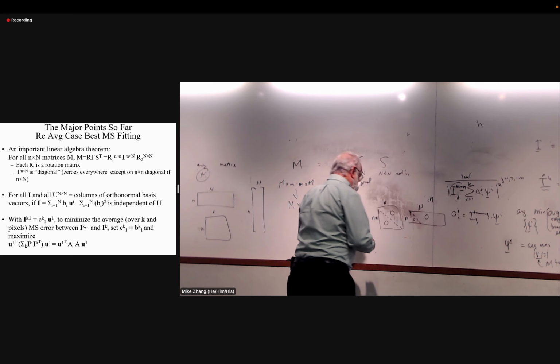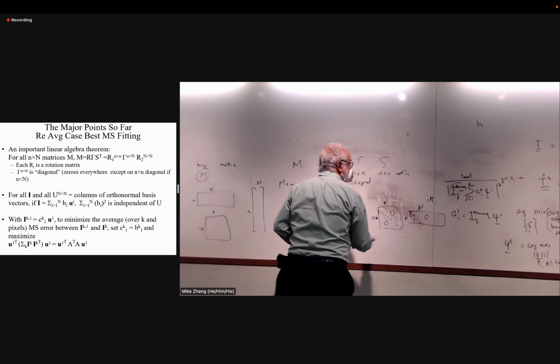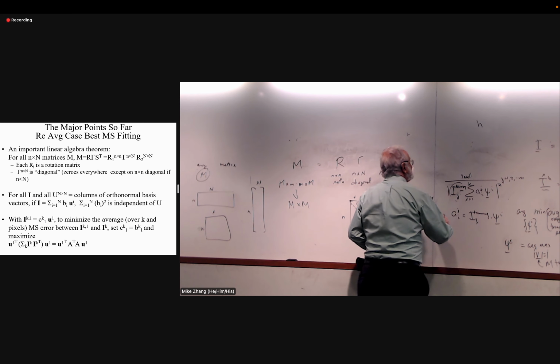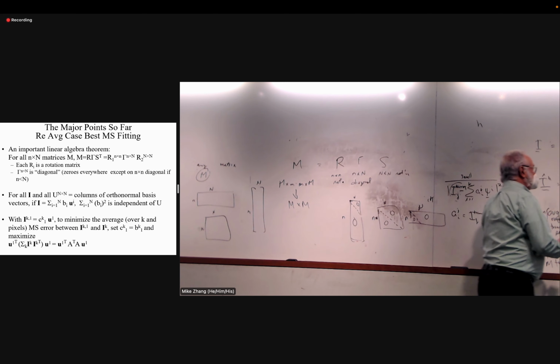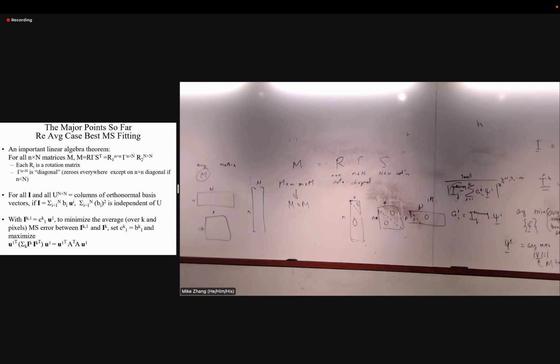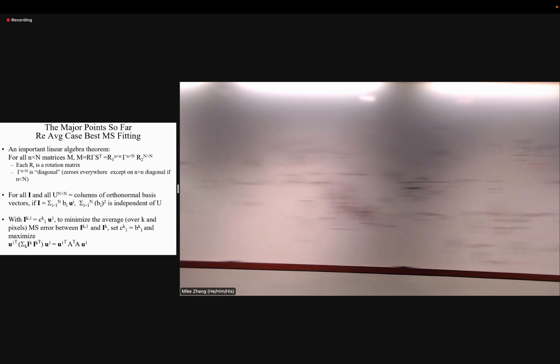And what happens, I'm going to draw 2 space to 2 space. And, over here. So here is, let's see, big N equals 2. Here's little n equals 2.